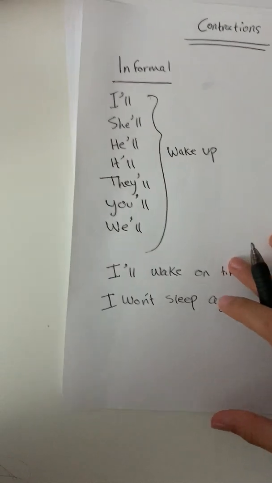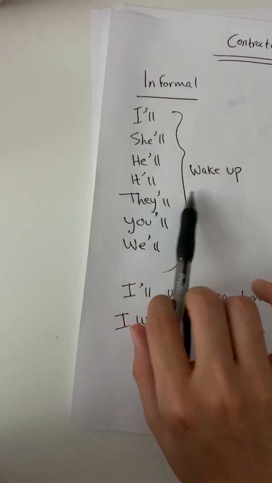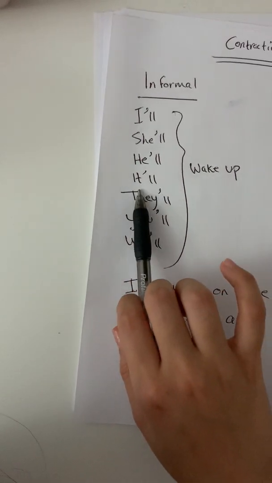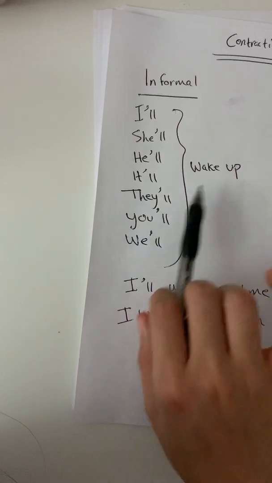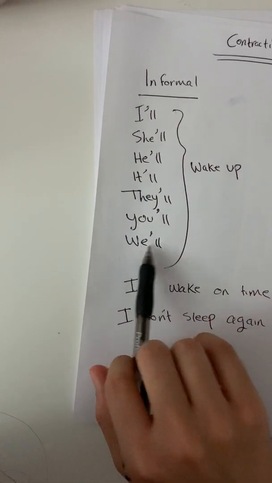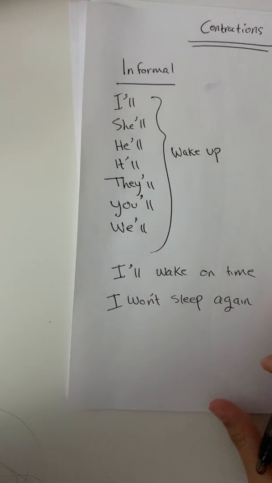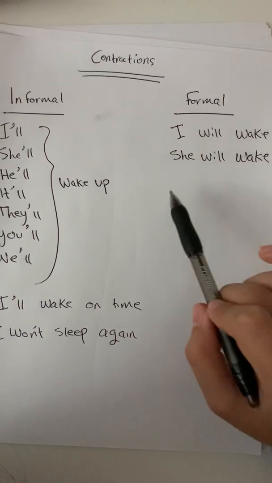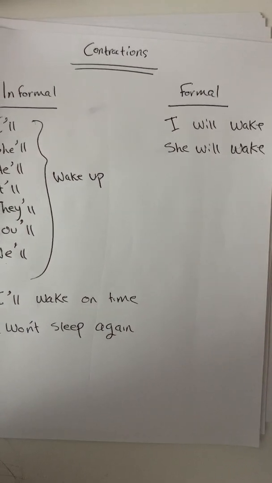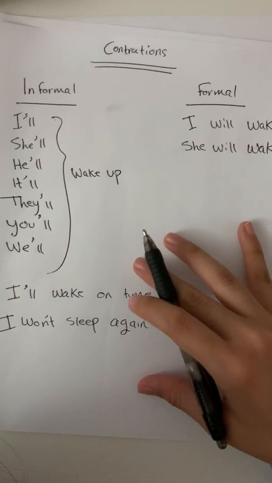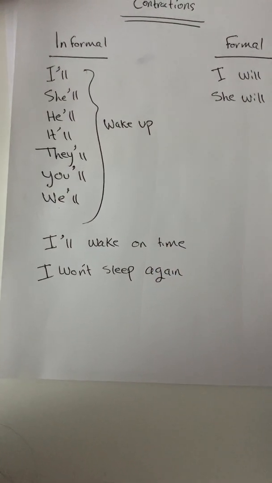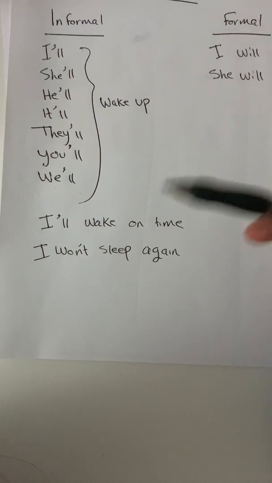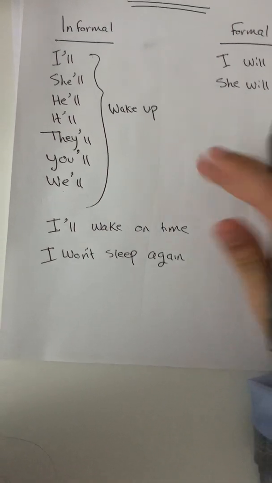Okay, so for example, in informal, you can say, I'll wake, she'll wake up, he'll wake up, it'll wake up, they'll wake up, you'll wake up, we'll wake up. Okay, but in formal, we have to say, I will wake, she will wake, he will open a business, she will open a business, they will open a business. Okay, you don't have to contract will with the subject, because you are doing a formal essay or an email.